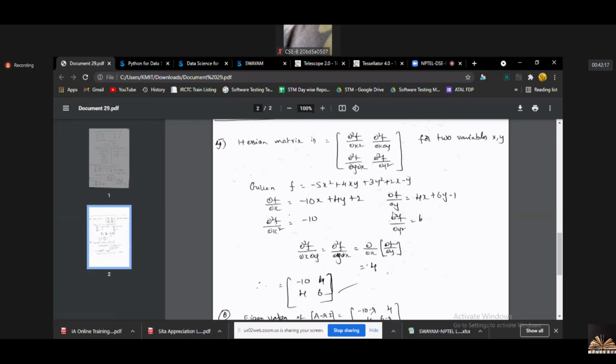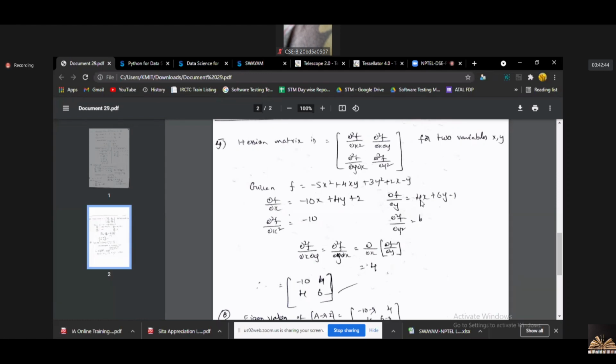The x-square term becomes nothing, and in 4xy, y becomes 1, so we get 4x. Then 3y square, 3 into 2 is 6, so 6y, and minus y is considered as minus 1 in the first derivative. So we get 4x plus 6y minus 1.